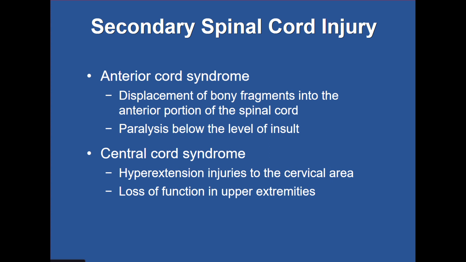Central cord syndrome, it's usually those hyperextension injuries that stretch everything out, and a lot of times this happens in elderly persons, and so it causes more damage to the middle of the spinal cord, and that causes increased weakness and numbness to the hands and to the arms, and this can cause that issue there.